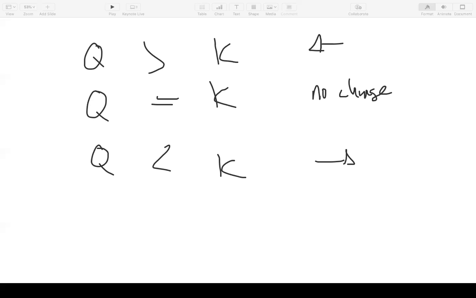Le Chatelier's principle. We're going to brush up on that real quick.